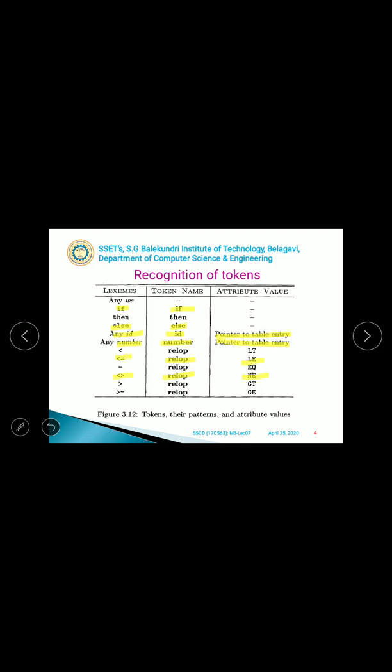Like this, your lexical analyzer can match a particular lexeme, realize that it is a certain token, and return this token along with the attribute value. Now all these tokens are going to be recognized by your lexical analyzer.